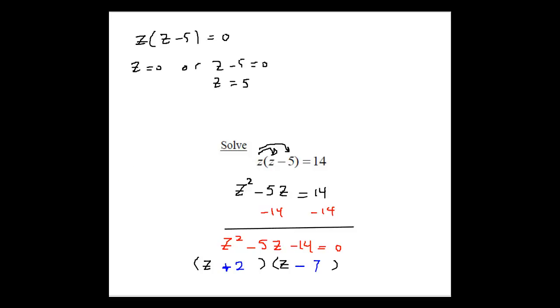Put each of them equal to 0. So now you can say z plus 2 is equal to 0, or z minus 7 equal to 0, right? So the answer would be z is equal to what? Negative 2, or z equal to positive 7.